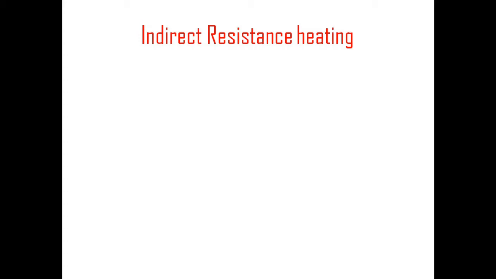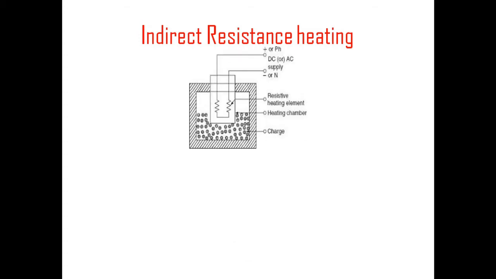To understand this, I have one picture here. The name indicates that it is indirect. Indirect in the sense that the current which is given is not going to flow through the charge. To understand this, you need to recall direct resistance heating. Direct resistance heating means the current flows through the charge which is to be heated, so there is a direct flow of current into the charge.